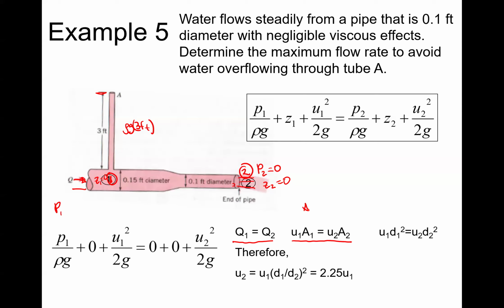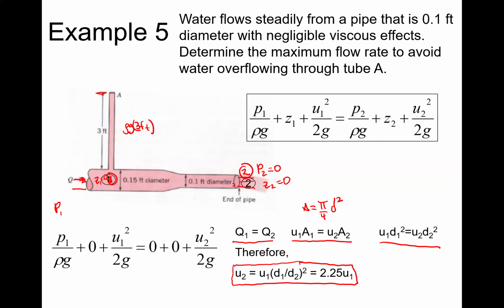Because area equals pi over 4 d squared, then I can put the definitions of these two and cancel the pi over 4 so that I have this correlation, u1 d1 squared equals u2 d2 squared. And that then allows me, by just knowing the two diameters, to calculate a correlation between velocity 1 and velocity 2.